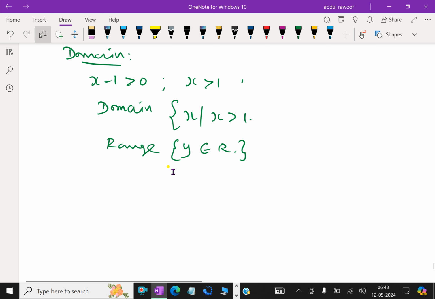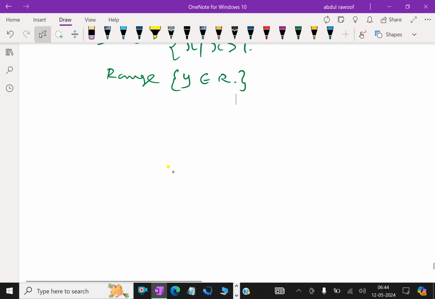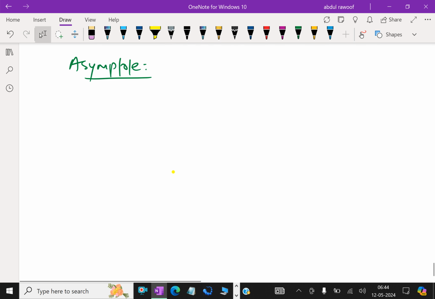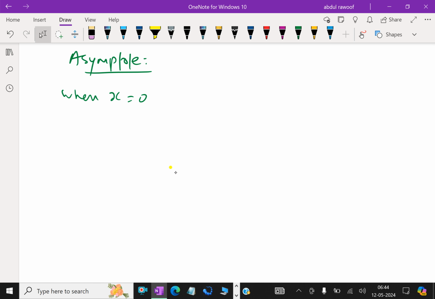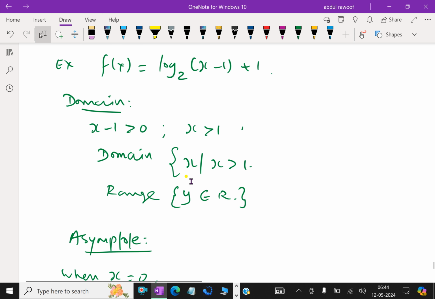Then asymptote. When x equals 0, what happened to this function?